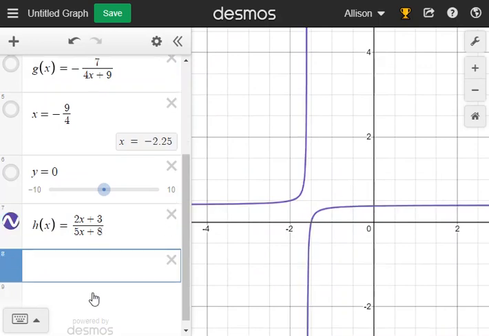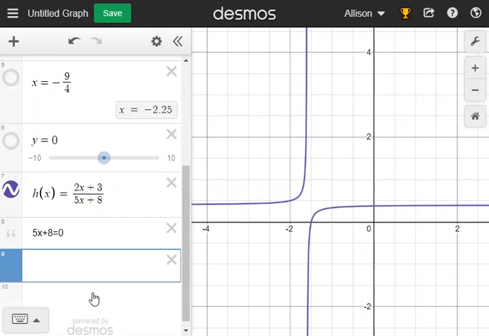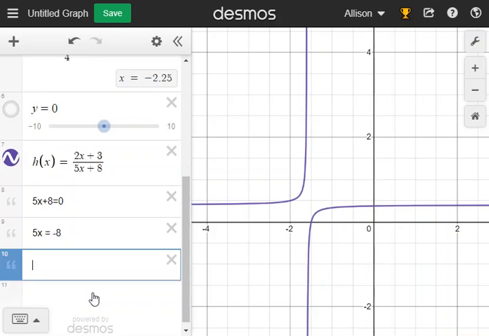All right, for my vertical, again, it's just about the denominator. The numerator has nothing to do with the vertical asymptote. I just need to figure out where the bottom would be equal to 0. So if my bottom is 5x plus 8, I can subtract 8 from both sides. This would give me 5x equals negative 8. And divide both sides by 5.